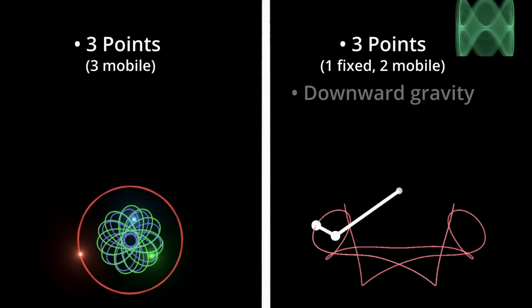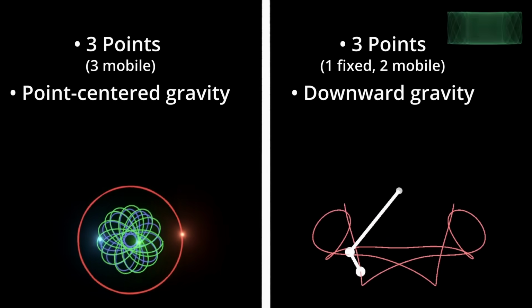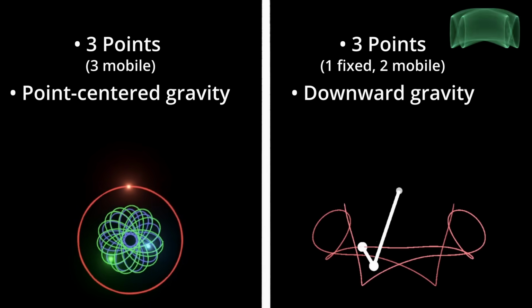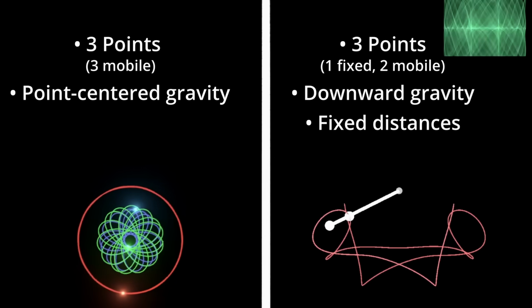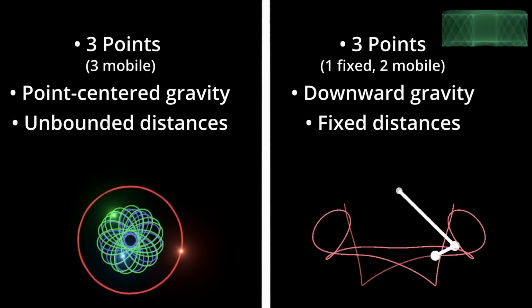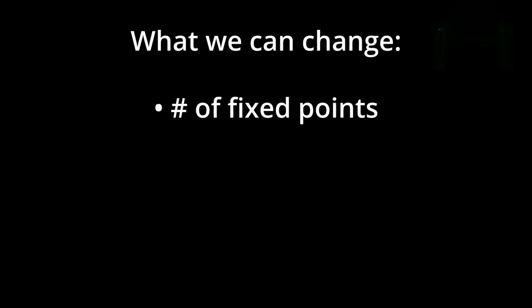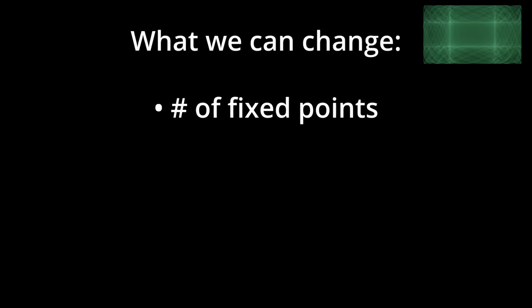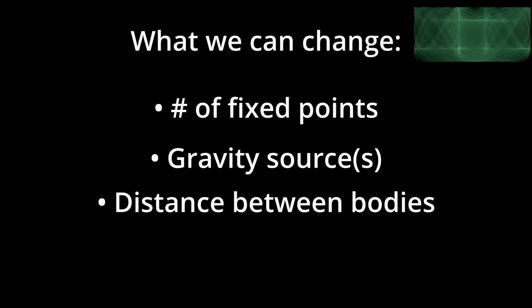Double pendulums have a universal downward gravity source, and three-body systems have 3 points of gravity centralized on the moving bodies. Lastly, the points of a pendulum are at a fixed distance, and a three-body system does not have fixed distances. So the 3 main things we can alter between the systems are the number of fixed points, the sources of gravity, and the allowed distances between given points.